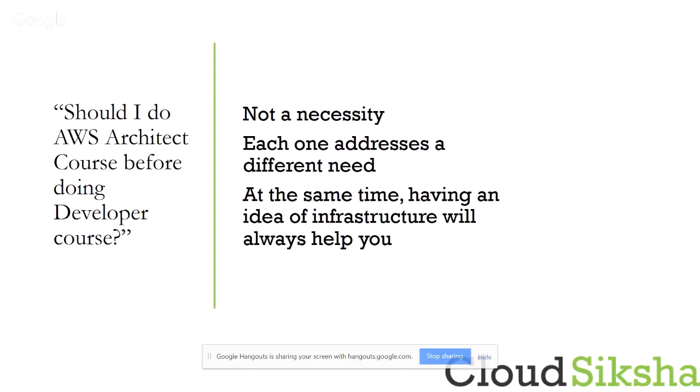So infrastructure, how do you instantiate? How do you build the infrastructure? What sort of load balancers you need? What sort of auto scaling you need? What sort of VPC you need? What public subnet, private subnet? Do you need a Bastion host? Do you need a VPN connection? All these are things that an architect would look at.